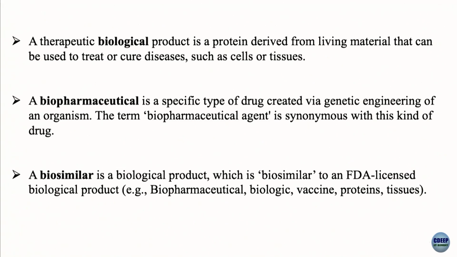It should be structurally the same, effectiveness should also be the same, and if that is matched, it will be called a biosimilar of the reference listed drug. So, biopharmaceutical, biologics, vaccine, protein, tissue, these are the things. So, now we know the common terms that we are going to use: pharmaceutical product, drug, generic product, biologics and biopharmaceutical. We will move ahead.